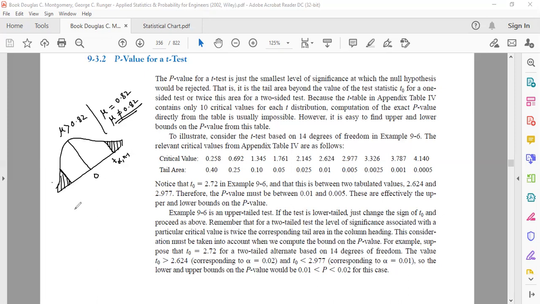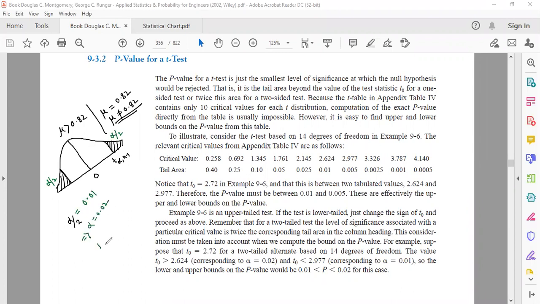Since it is a two-tailed test, you will understand it in a better way. Although they are writing this level of significance, they are denoting these levels of significance by alpha. For a two-tailed test, this portion will be alpha by 2, and this portion will be alpha by 2. So if alpha by 2 is 0.01, alpha will be 0.02.